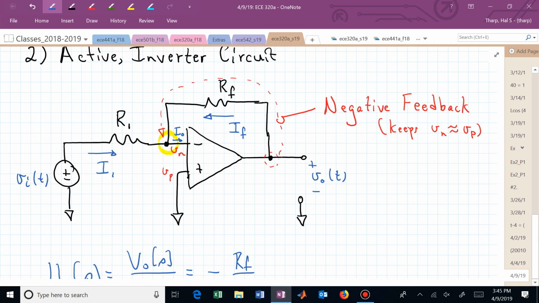And because of this op amp, the impedance is so large at that inverting terminal and at the non-inverting terminal that we don't have any current flowing into those terminals. I sub 0 is 0. But in this particular labeling, do you see that KCL says I1 plus I sub F, those are coming in, equal what's going out, which is I0.